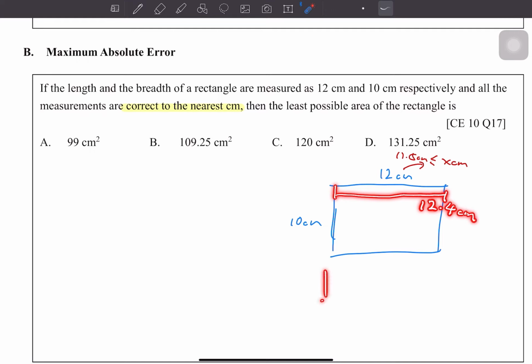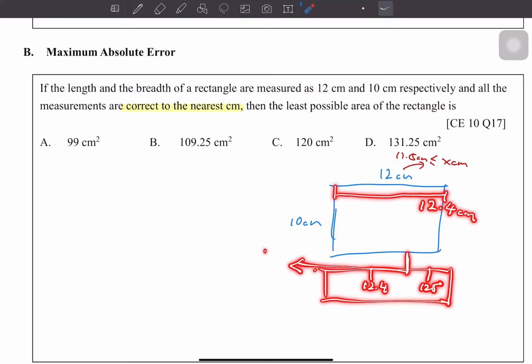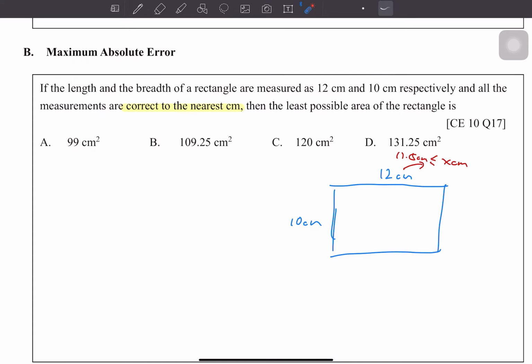If you use your ruler, if you see the measurement as 12.4, this is 12.5, if the length is here, that means nearly 12 cm. You will also convert to 12 cm.